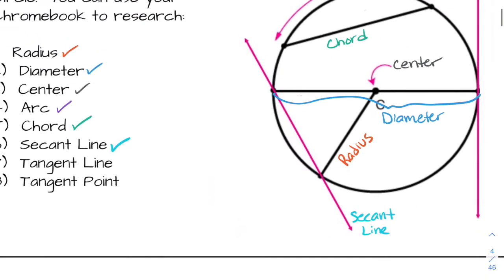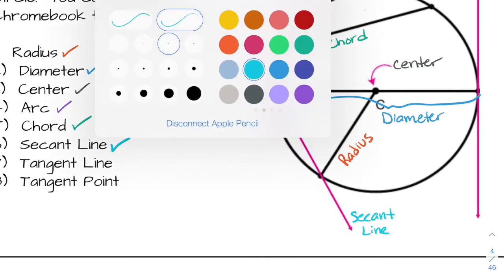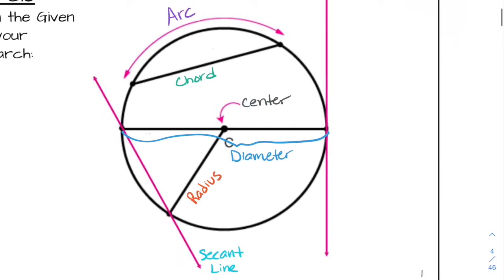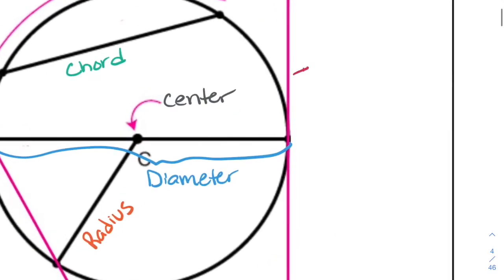That pretty much leaves tangent line and tangent point to the end here. A tangent line touches the circle in only one spot, as you can see here. So this line is our tangent line.